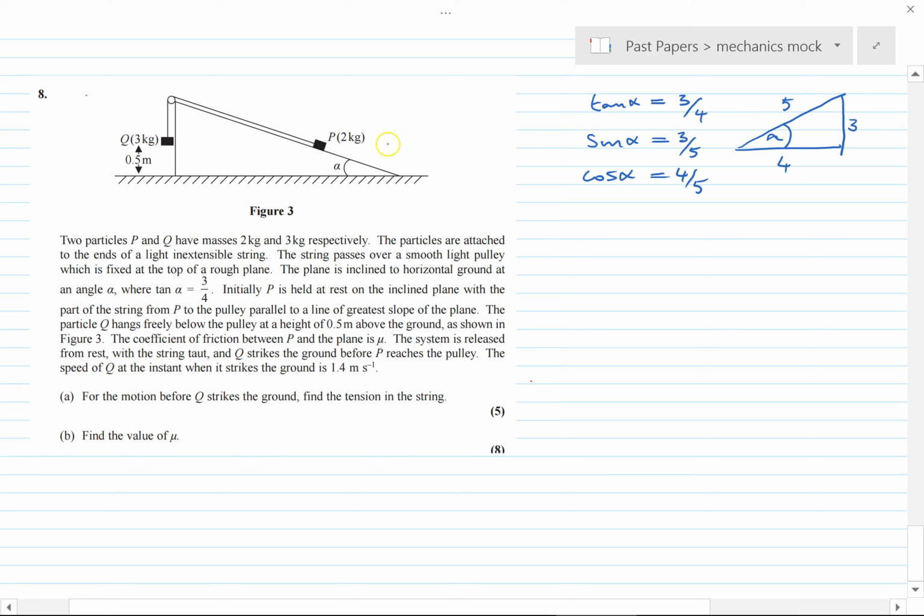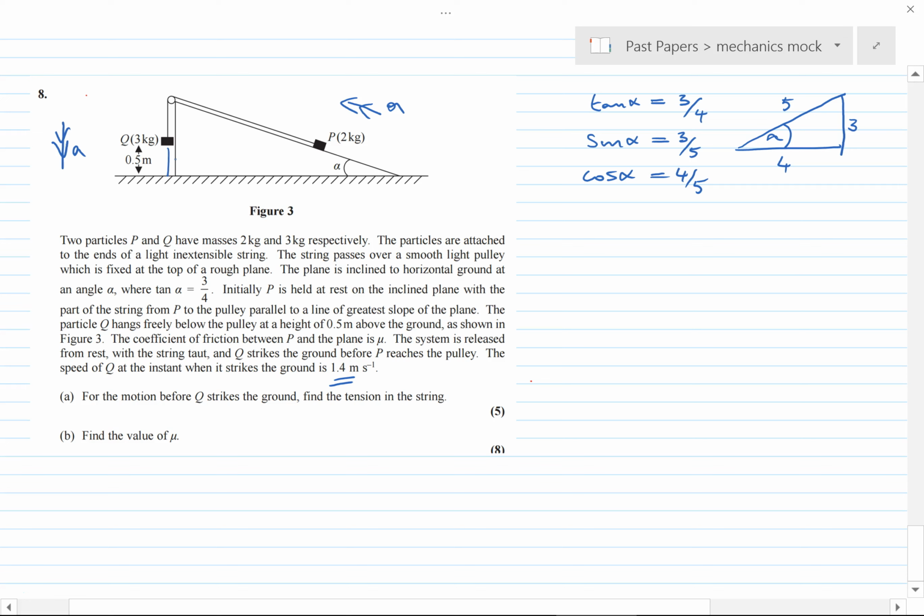Now in these situations we're applying F equals ma to both of these particles at some point, I would imagine. But in this question, it's given us the time that this hits the ground. It's obviously going to accelerate down here. It can't go the other way, because the 3 is greater than the 2g.